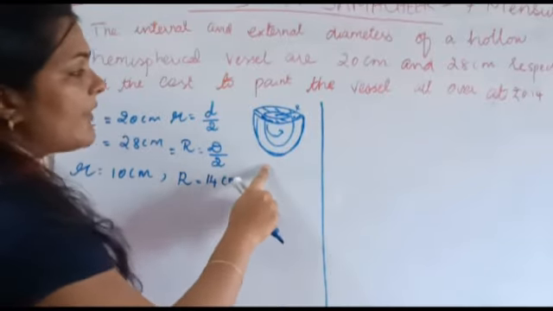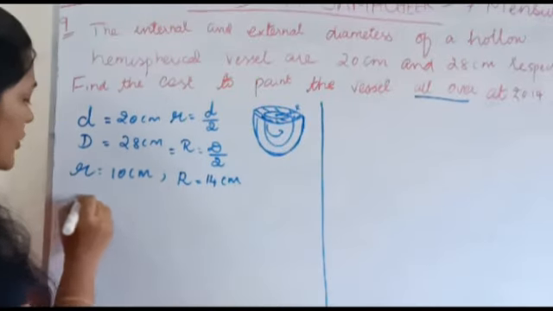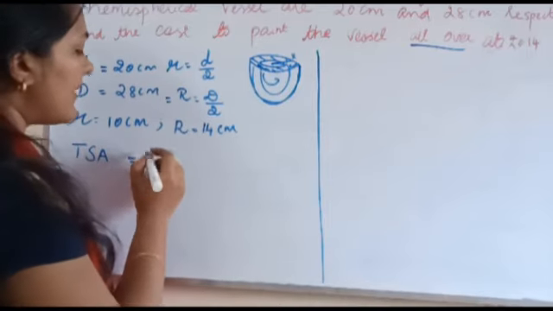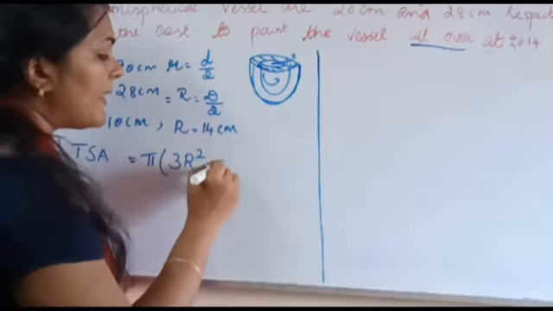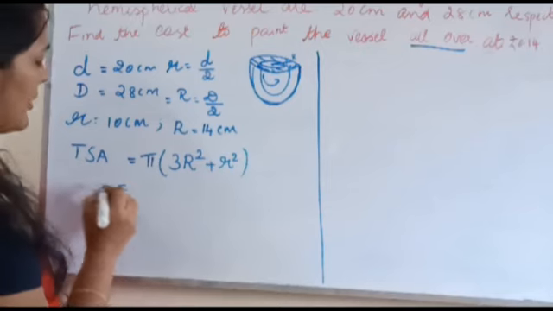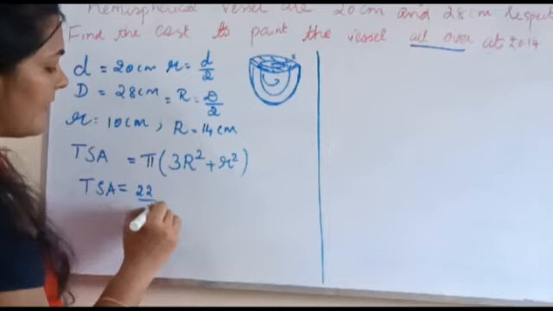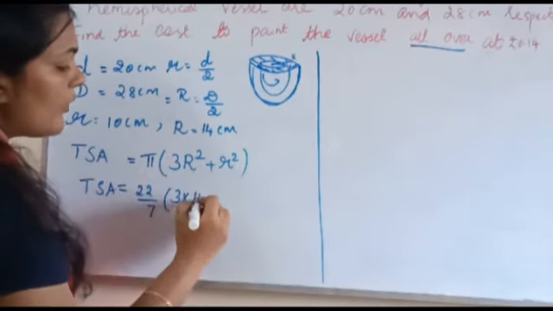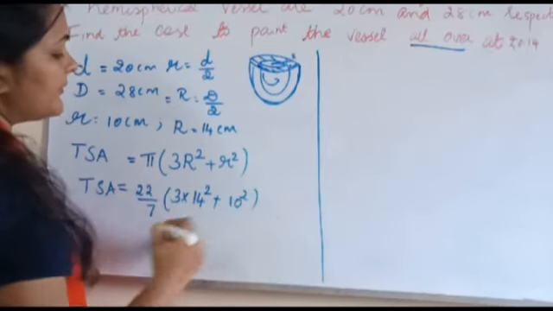We already derived it. So for this all over term, you should consider the total surface area. Correct? Total surface area of a hollow hemisphere is equal to pi into 3 into capital R square plus small r square. Right? Substitute all the values and find the total surface area. 22 by 7 into 3 into capital R square, which is 14 square, plus small r square, which is 10 square.